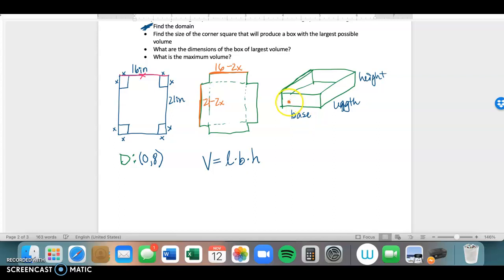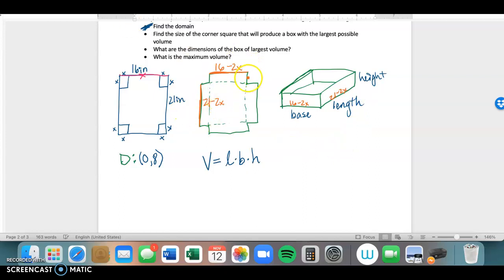So folded up, 16 minus 2X would be our base, and 21 minus 2X would be our length. But what would be, oh, I'm just going to erase that so I can fix that here. Length. What would be our height?